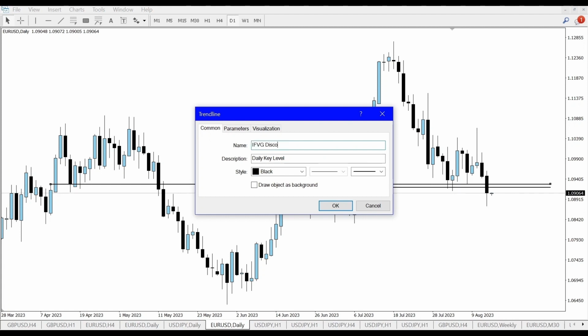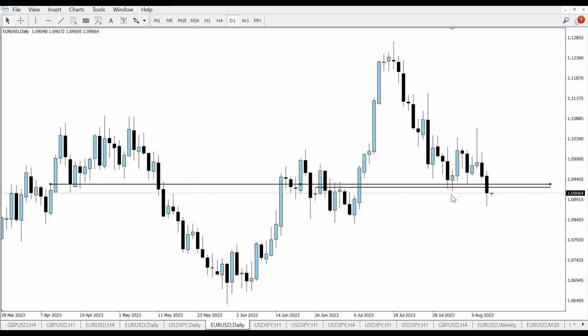It's also a discount low, and it's key level 2 above market price. So now we have our 2 key levels for our high of the day for 15th of August's trading.